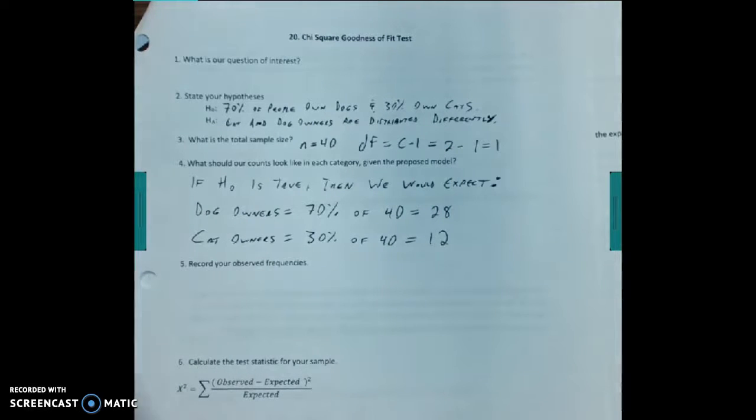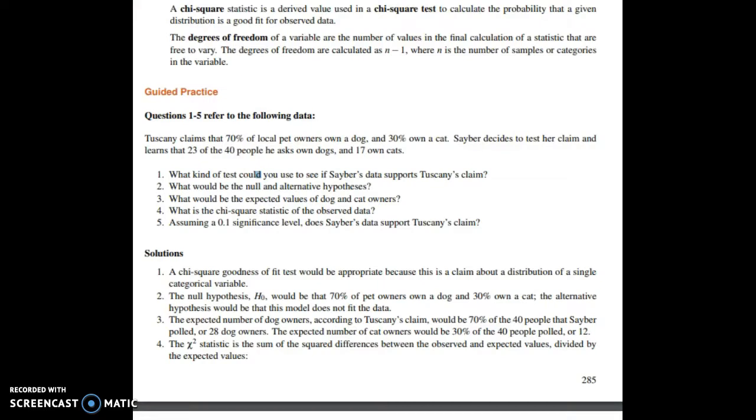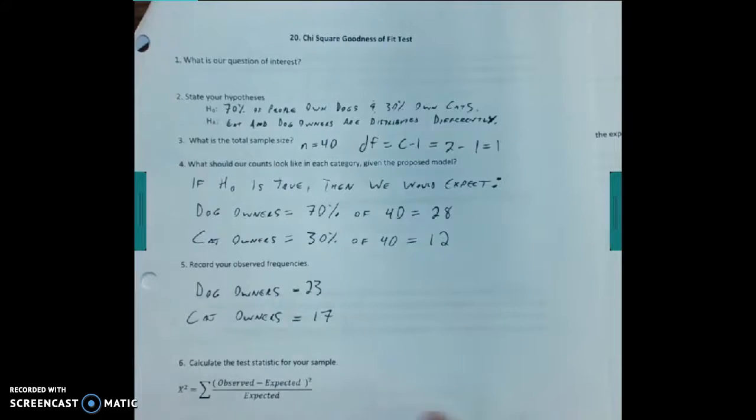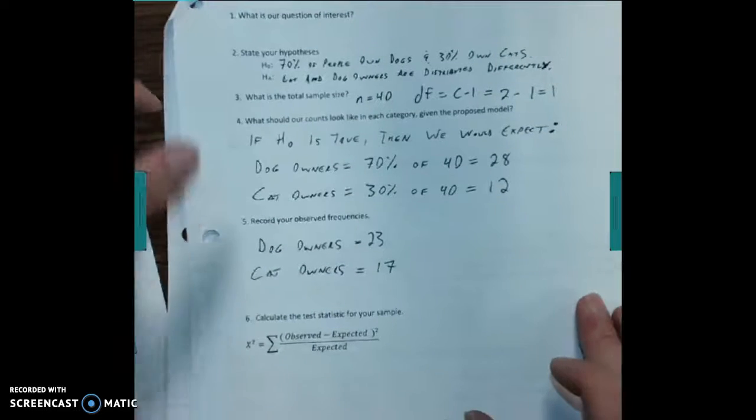Is that what we actually found in our sample? Well, let's take a look. The observed dog owners were 23, and cat owners were 17, totaling 40. Now if we're going to calculate the test statistic, we're going to do observed minus expected, squared, divided by the expected.